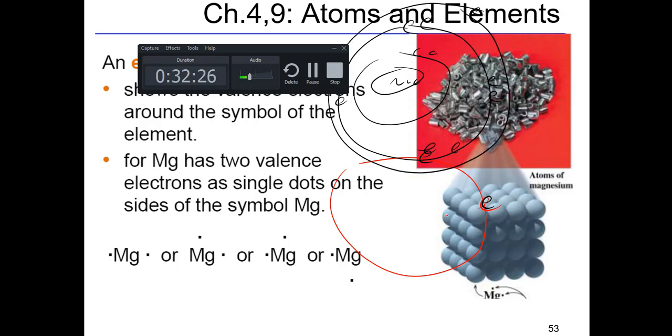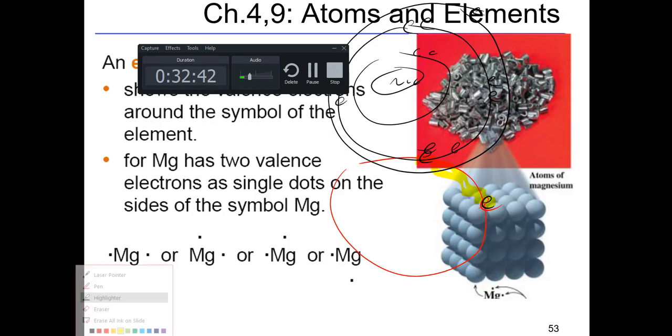So why is that important? Well, you'll notice, and I'll just highlight this here, for the valence electrons for the magnesium that I'm highlighting right here, the electrons are at a 90-degree angle to each other.